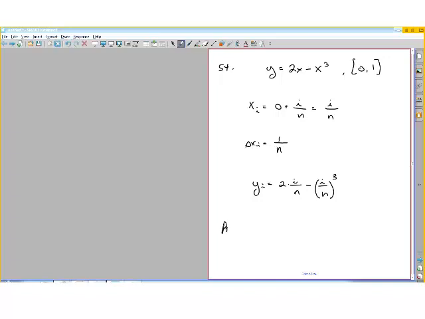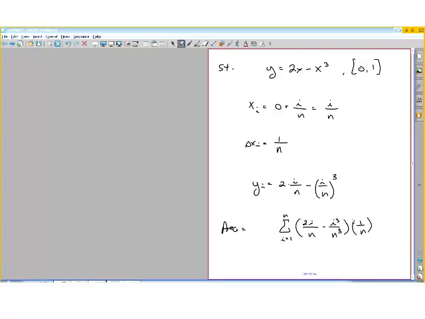The y value times delta x gives us the area. So the area, and I'm going to leave space here for the limit, is the summation from I equals 1 to n. So we're going to add up all these areas, and the areas are equal to the y value, which is 2I over n minus I cubed over n cubed. That's the height of the rectangle.